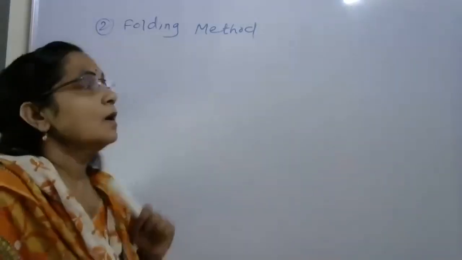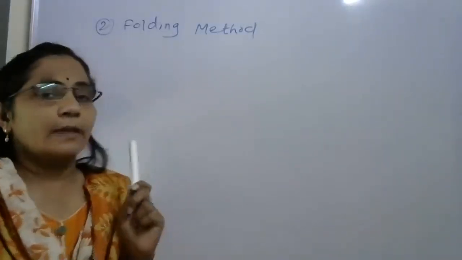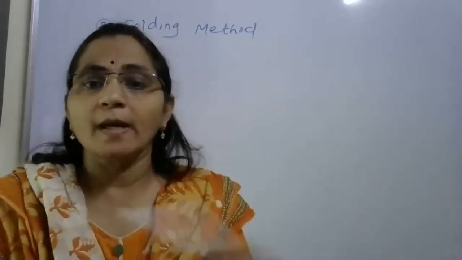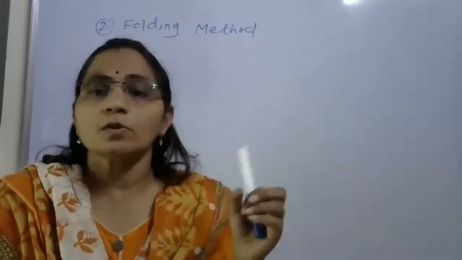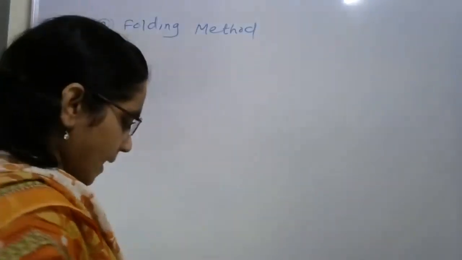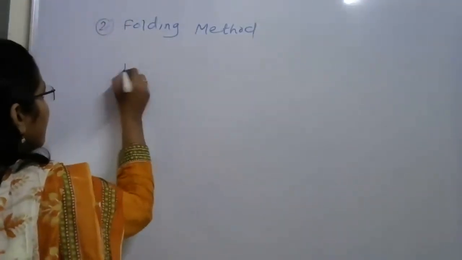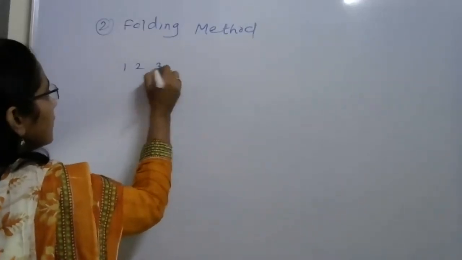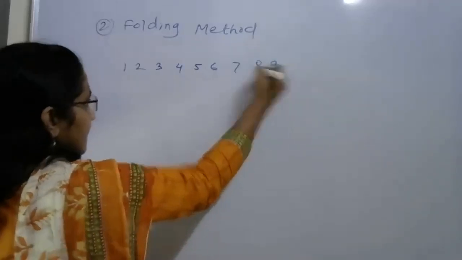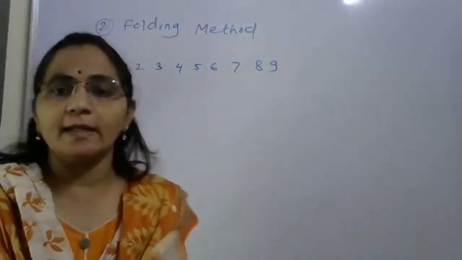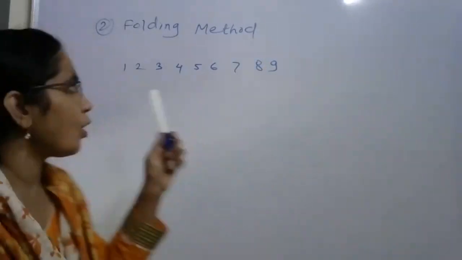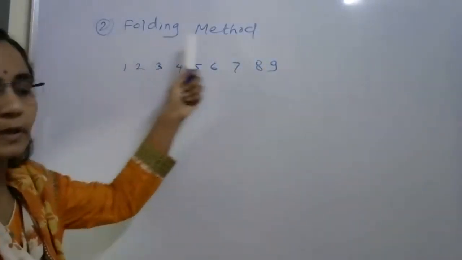The technique of the folding method is to divide the given identifiers into parts of similar length. Suppose for example, I have the identifiers 1, 2, 3, 4, 5, 6, 7, 8, 9. Suppose these are the given identifiers, and now you have to find out the hash address using the folding method.